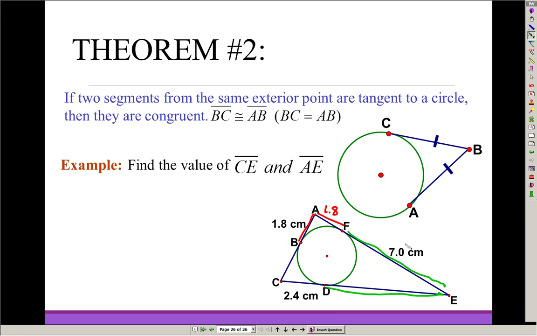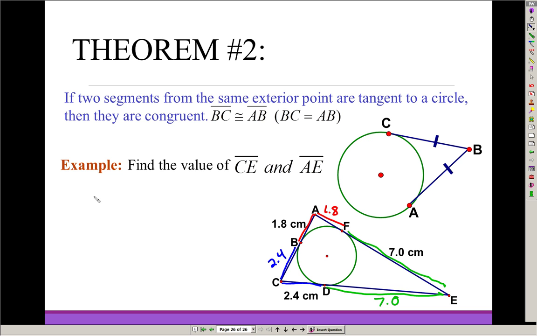Since segment EF is 7, segment ED is also 7. You also have segment CD and segment CB. Those are also tangents that hit the same outside point. Since CD is 2.4, then CB is also 2.4. So each of these around each corner here ends up being the same segment length.